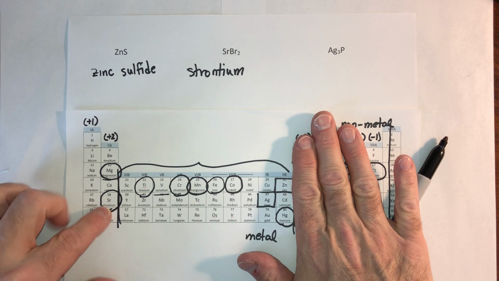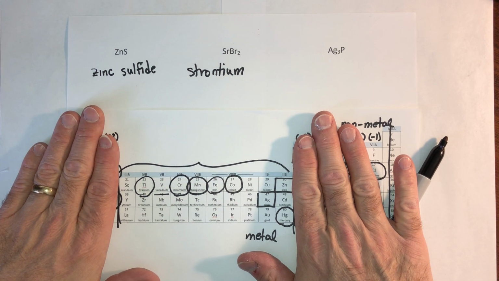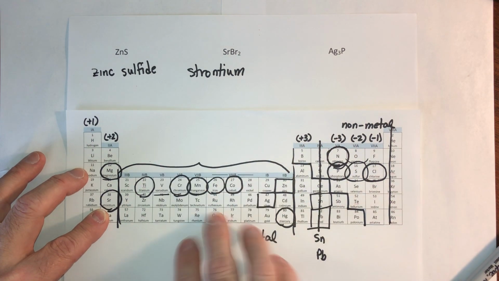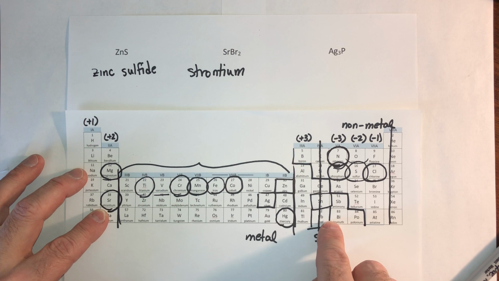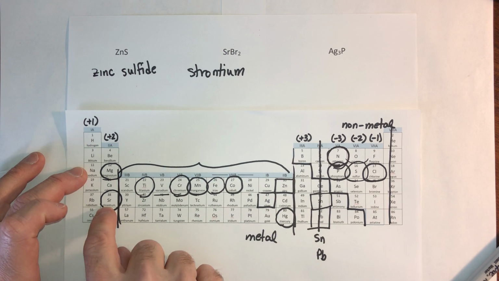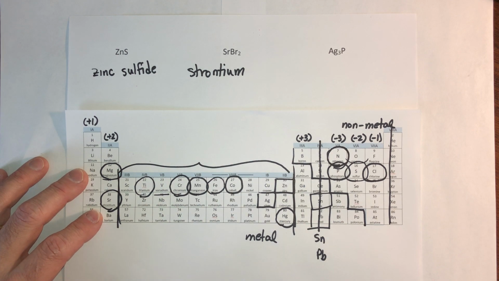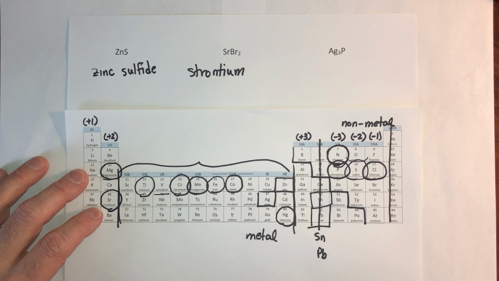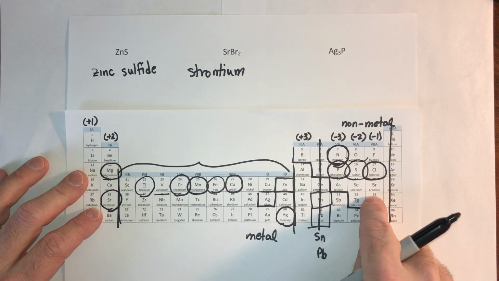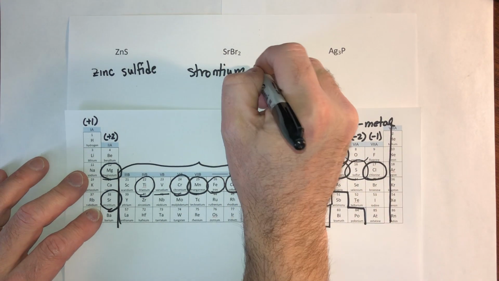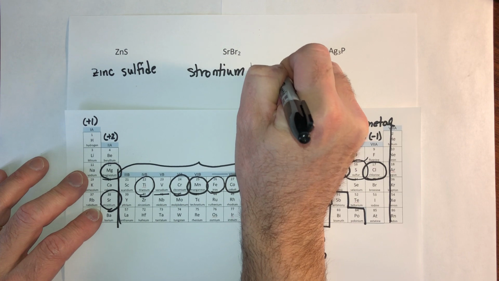So strontium is not a transition metal, which means it probably does not need a Roman numeral. Is it one of the exceptions that lives outside the transition metals, like tin and lead? Nope. That means strontium does not need a Roman numeral. Do not put in Roman numerals if you don't need them. Br, here on my periodic table, is bromine, but as part of an ion it's a bromide.